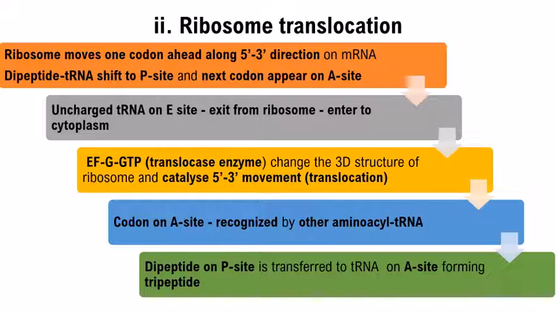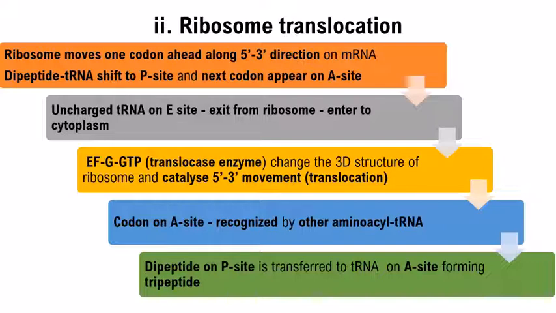Due to translocation, the codon that is present at the A site is recognized by another aminoacyl tRNA, which has an anticodon sequence complementary to this codon. It brings the respective amino acid to the site of protein synthesis and loads it at the A site on the ribosome.